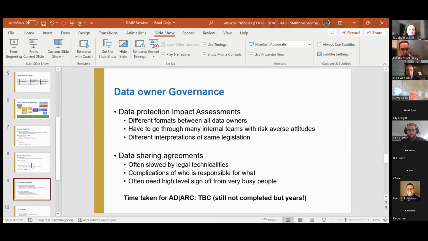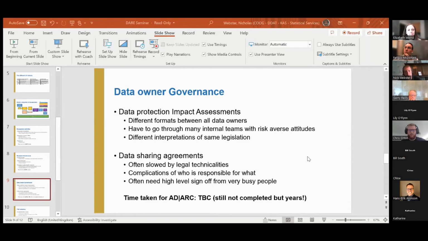And then coming on to the big one that I think is, to be honest, quite a hard one to crack, data owner governance. So all of this work is reliant on the approval of data owners themselves to give their data to trusted research environments, and it's getting a lot better, but generally all data owners require data protection impact assessments, which are really important, and make sure that we are doing everything in accordance with legislation, the Digital Economy Act and GDPR.